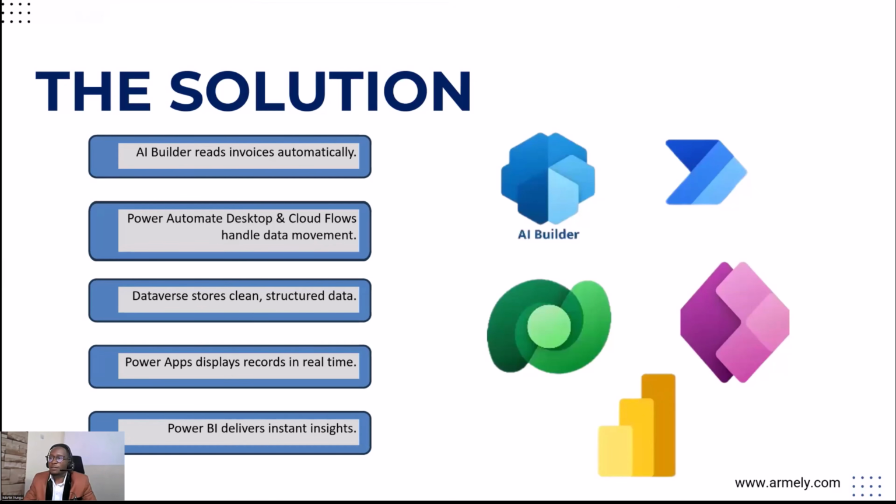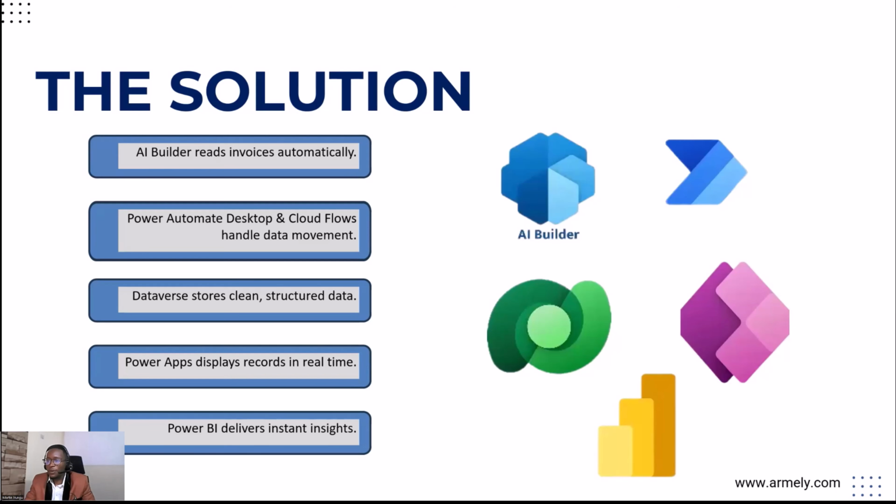With Power Platform, we can create an end-to-end solution that can help us work around this use case. Again, we're going to have AI Builder acting as the smart one, the AI that will power our automation process. And then we're going to have Power Automate desktop and cloud flows handling the data movement. This is similar to what we've seen in the previous demo.